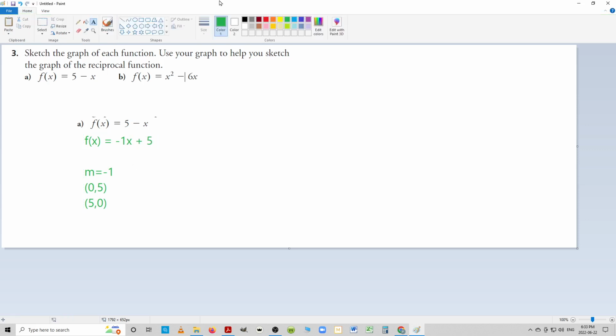So here I can easily sketch it, and here's the beautiful thing about reciprocals once you have 2 points. So here's my graph, and I've already discovered it goes through 0, 5 and it goes through 5, 0, and it has a basic slope of minus 1. So in red, this line looks like that.